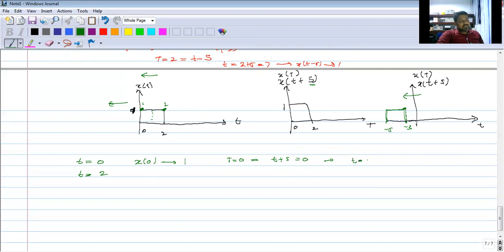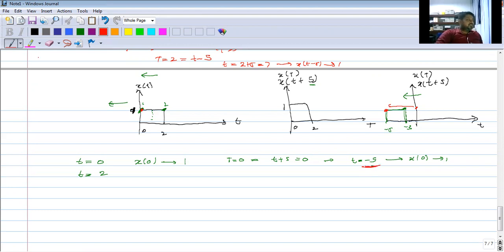So here t is equal to minus 5. In this case, t is equal to minus 5, x(0), and this x(0) is 1. That means this x(0) is now at t equal to minus 5. So this point is moved this way. This is the point, t equal to minus 5.